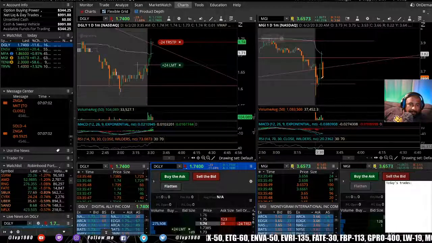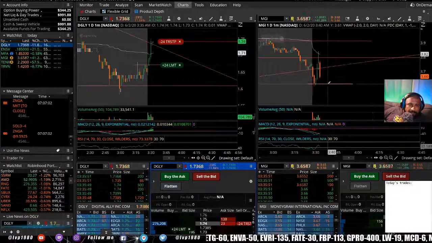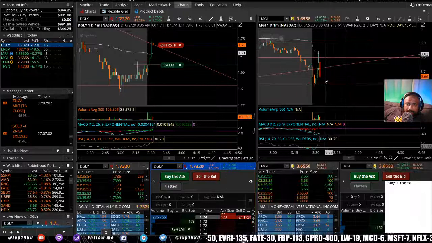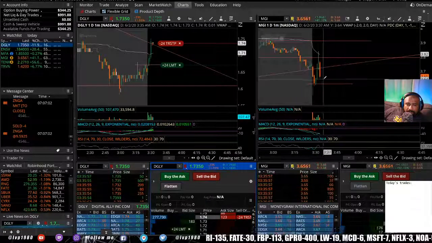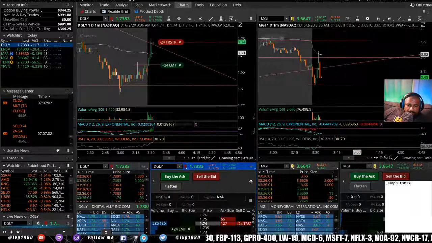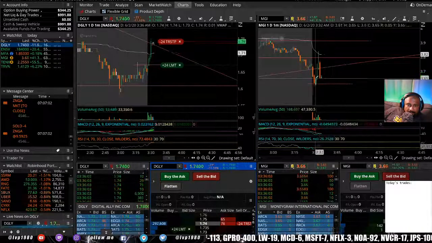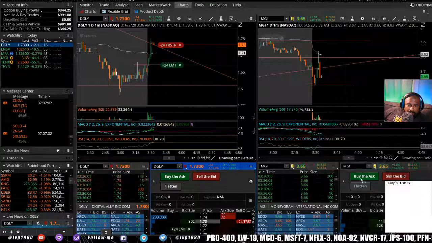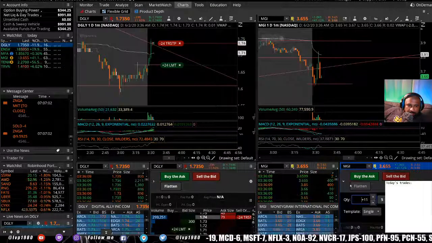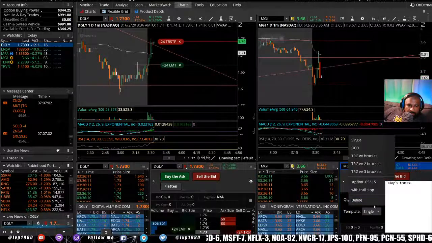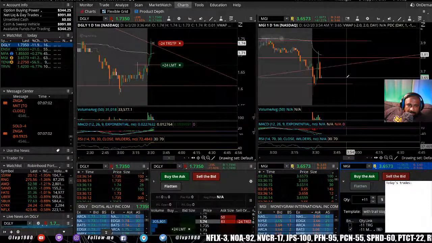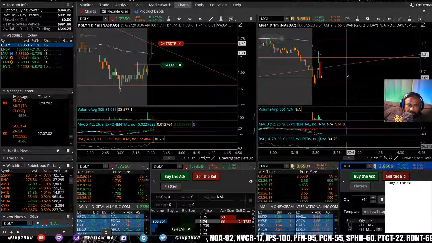Okay, this one right here is coming back down. Let's see if it goes below that. We don't wanna touch it. If it starts moving up above that, we're gonna go in for 11. 11, yeah, right there. So we go in 11 shares with the trailing stop. What's the price we want to get into? 3.65.